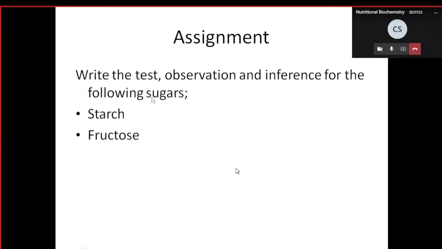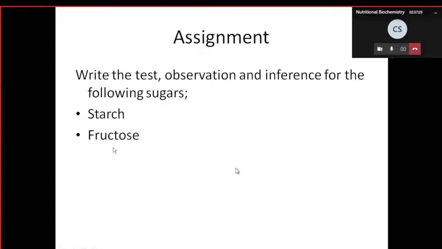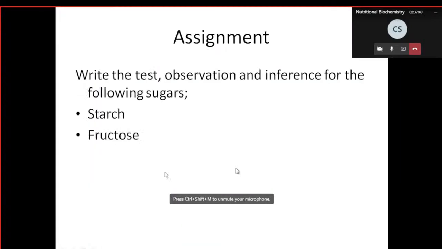Since you're not doing it practically, at the top you write sample 1, and the result: the given carbohydrate sample was found to be starch. For the second, you write sample 2, do the test, write all the observations, and the final result: the given carbohydrate sample was found to be fructose. Understood about this assignment? Yes, ma'am.